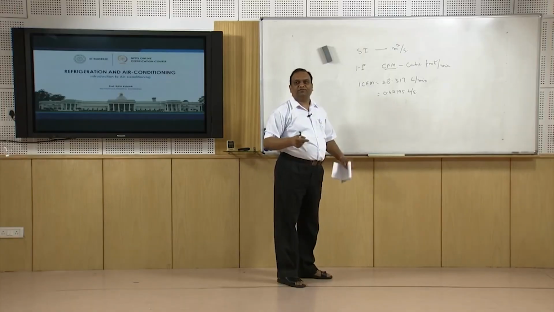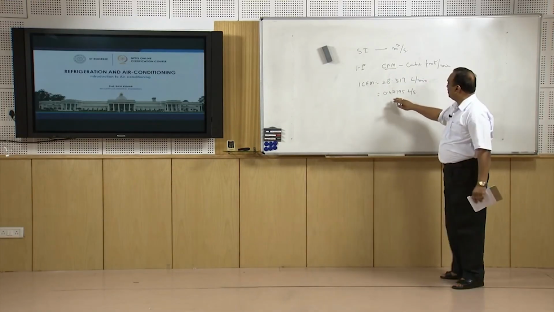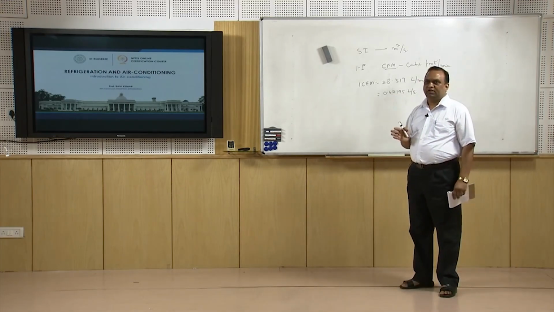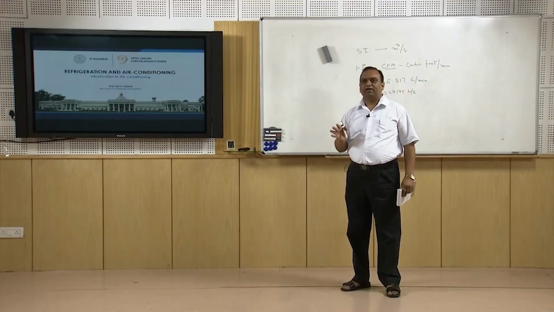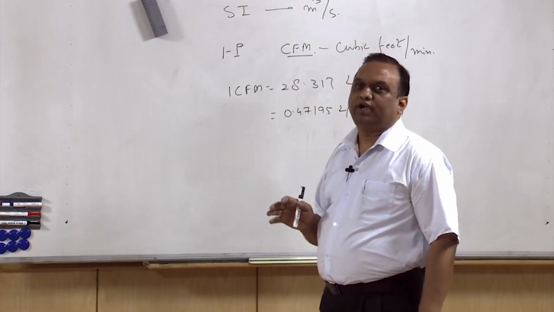So, if I say 100 CFM, 100 CFM will turn out to be around 47 liters per second. So, it is almost half. Normally, you will find in air conditioners when we design ACs for the large building, certain minimum flow rate has to be maintained.